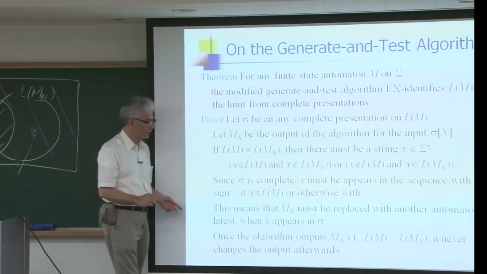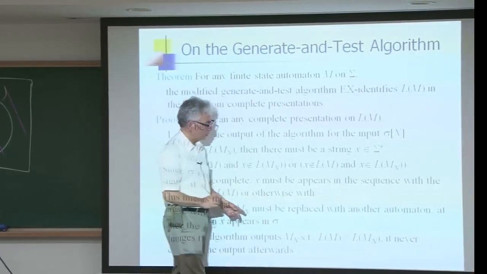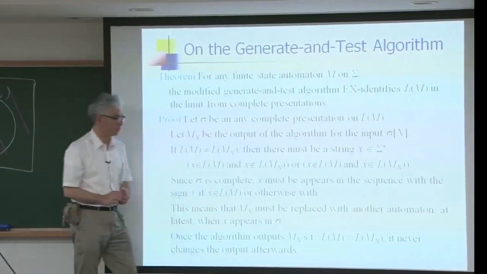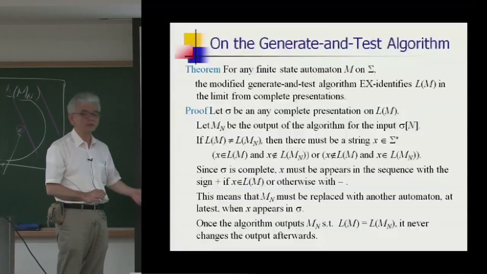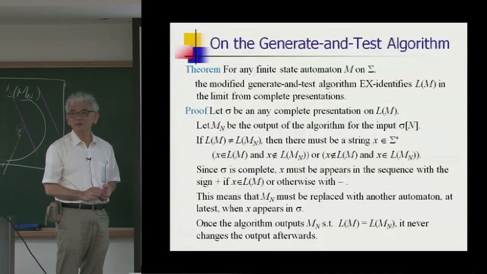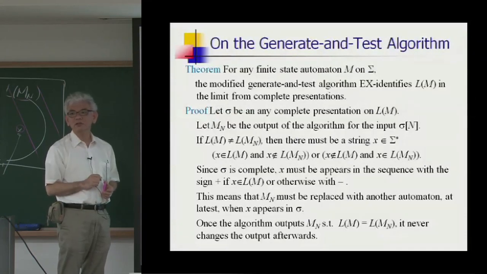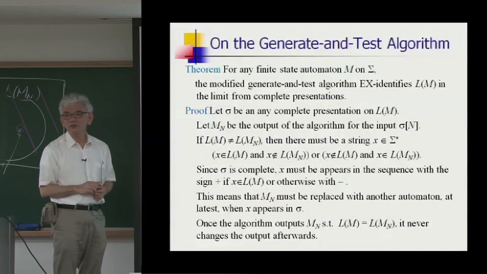Once the algorithm outputs Mn such that L of N equals L of M sub n, then it never changes the conjecture because of activity of algorithm. This is the definition of the algorithm. So the output of algorithm converge to the correct unknown automata.